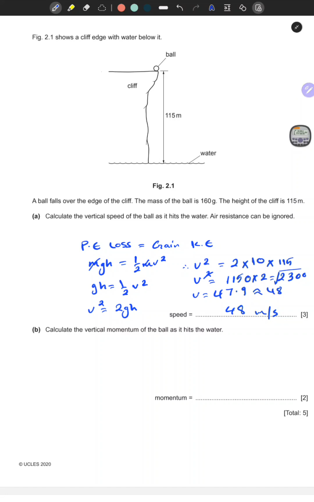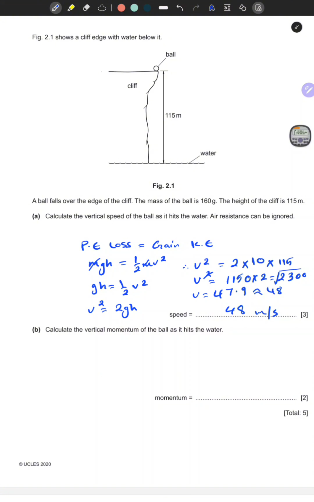All right, coming here to calculate the vertical momentum of the ball as it hits the water. So I know that momentum is the mass of the ball times the velocity, right?